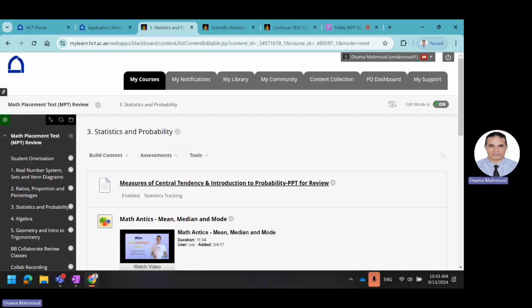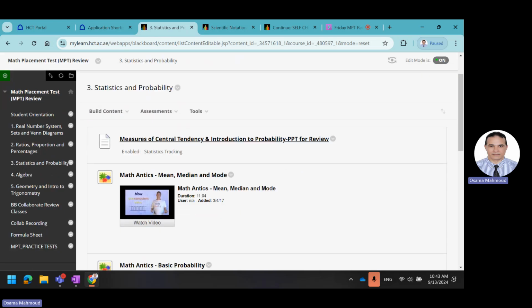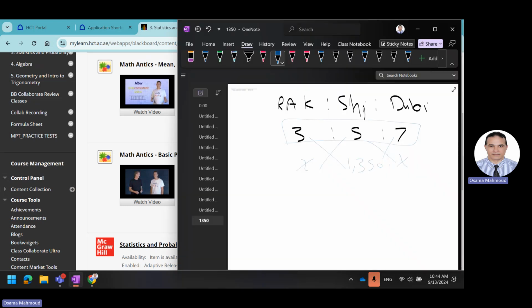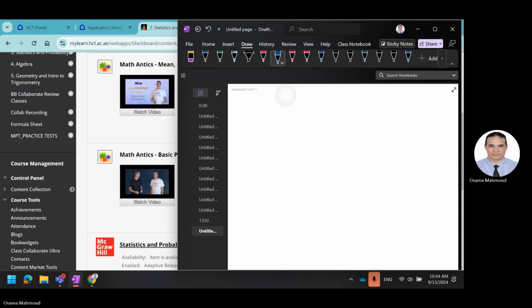Statistics, you have to know the knowledge. Measure of central tendency. What is the measure of central tendency? I will let you know what the central tendency measurement is.